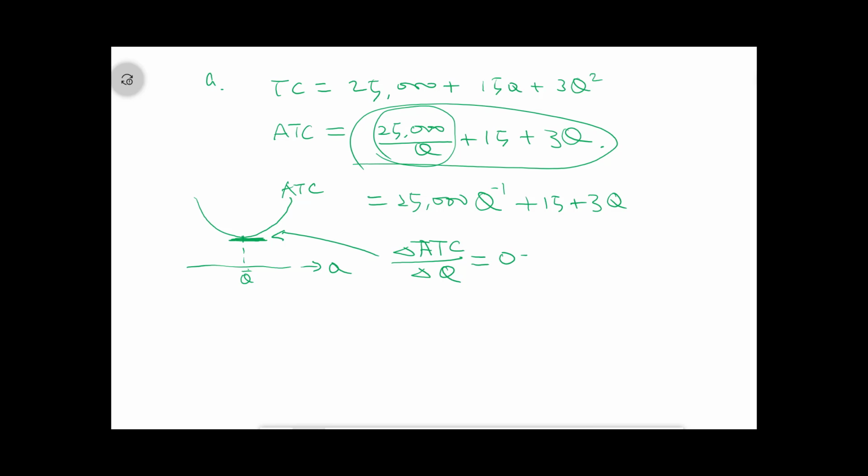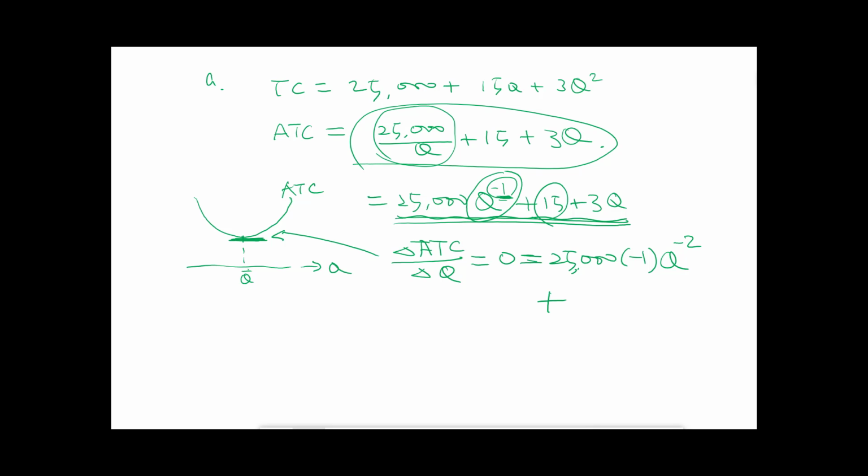Where the slope becomes 0, you want to find the delta operation expression from the right-hand side of the equality before. So 25,000, that is a multiplied constant, is maintained there. And Q power minus 1, remember, the power is multiplied in the front. And then you subtract 1 from the given power, so minus 1 becomes minus 2.